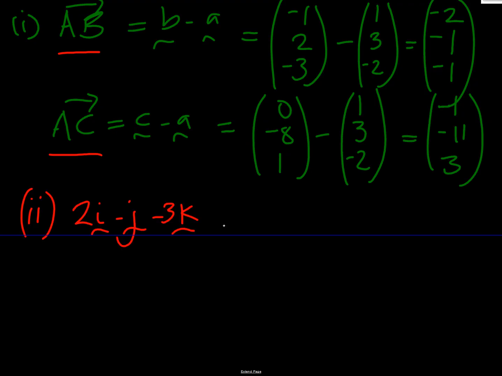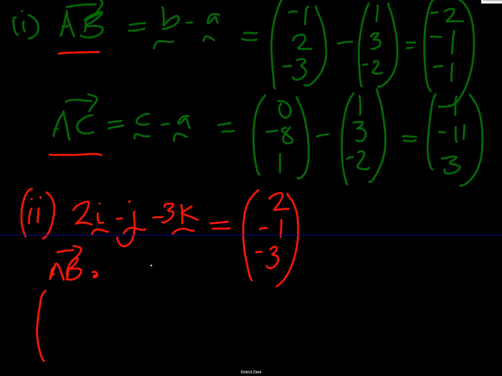So there's the vector that they're giving us, which of course we can rewrite in vector format as 2, -1, -3. And what we need to do is to show that the dot products with our in-plane vectors are 0. So I'm going to do AB dot, let's call that the normal vector, assuming it is the normal vector to our plane. That's what they've asked us to show.